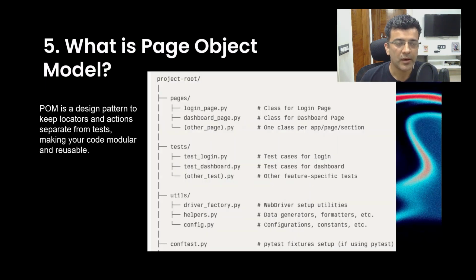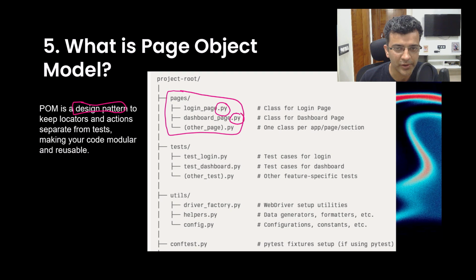Right, now comes another question, which design pattern you are using, right? So be aware about these keywords and all. You might be doing this stuff already, but you might not be aware sometimes about these keywords, right? So what many people do, and it's a good thing, and this is an example using Python, right? But it will remain same across languages. I'm just telling you because this is a py file, right?